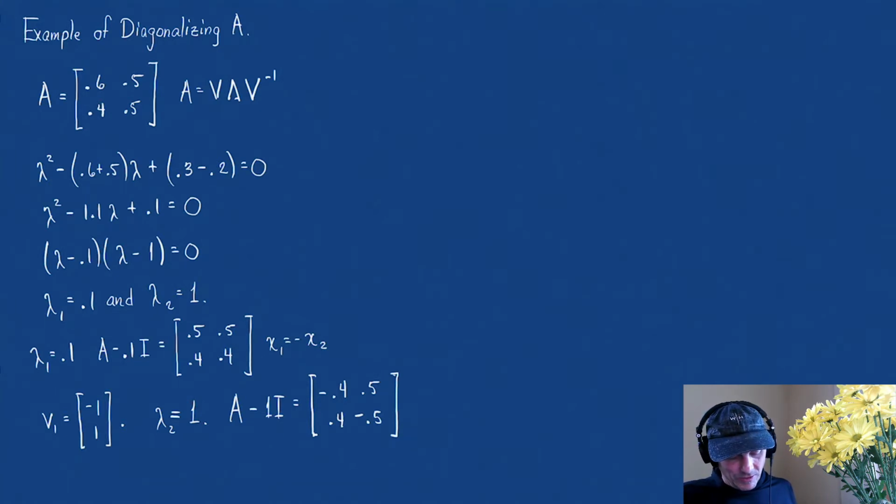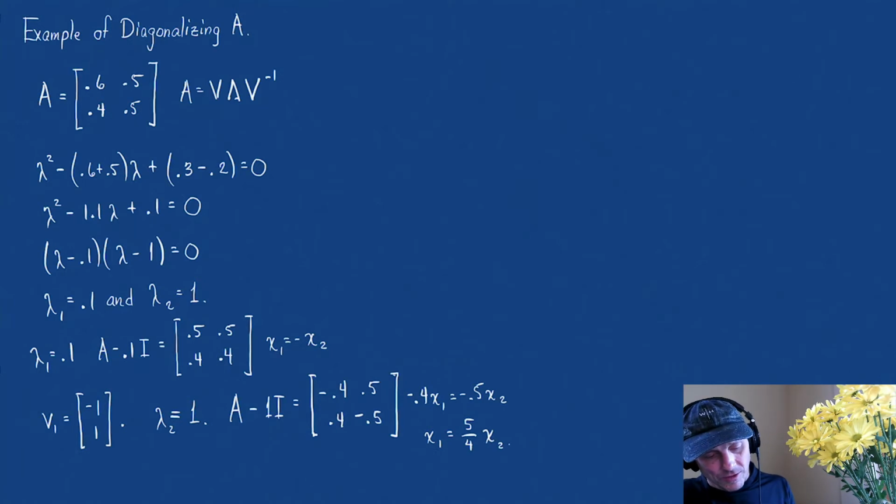What this says is that negative 0.4 x1 is negative 0.5 x2, or we could say that x1 is 5/4 of x2. Using that, let's use our second eigenvector. So v2 would be 5/4, 1, but I could use x2 as 4, so that would be 5, 4.